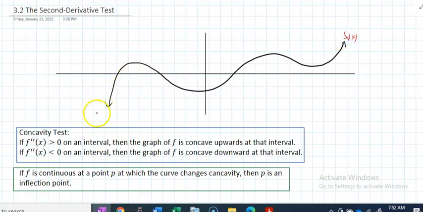Imagine that you're driving up a hill and you look at the front of the car. You notice the front of the car is leveling off all the way to a specific point.